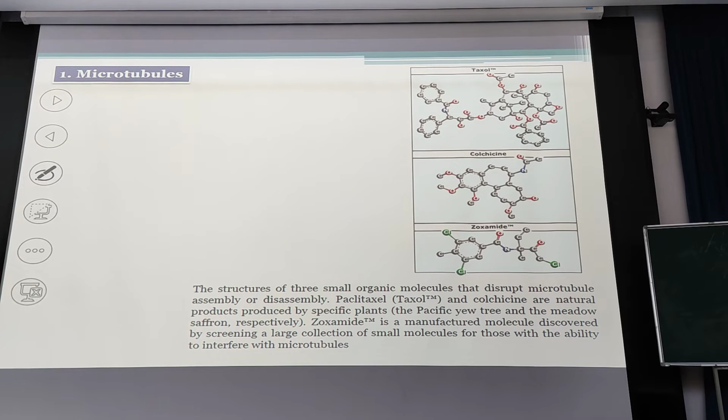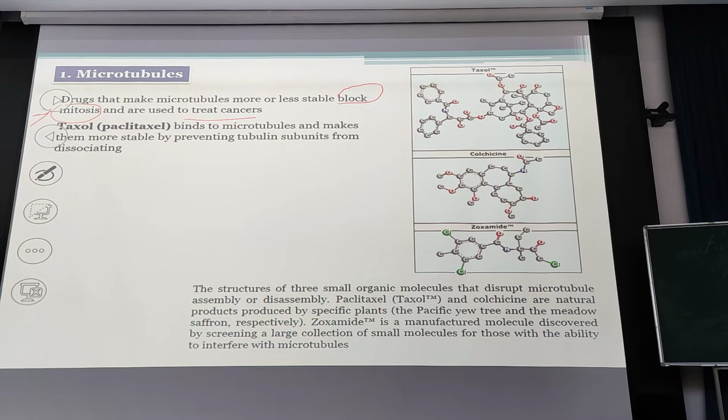And this is some treatment of diseases related to microtubules. Drugs or chemicals that make the microtubules less stable lead to blocked mitosis. This is important information, and we can use them to treat cancers.